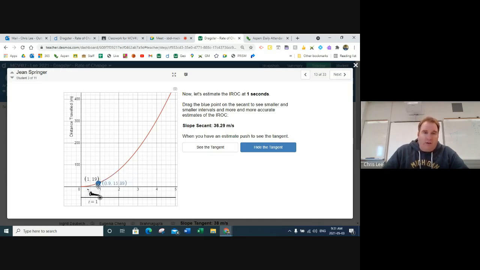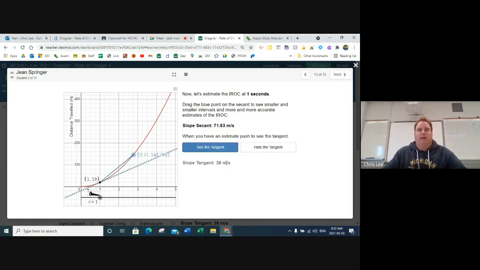I can even go on the other side of the point and get secants coming from the other way. So I'm going to guess it's about 38. And then when I click on the secant, you can see exactly that the slope of the tangent is 38.